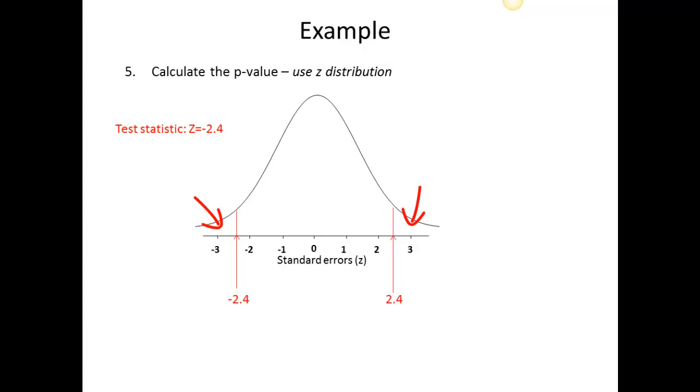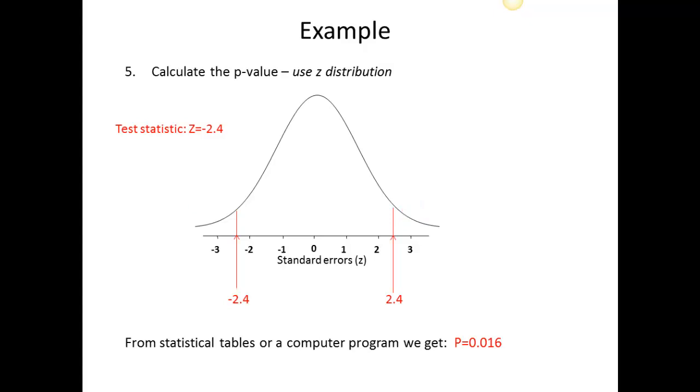So this is a two-sided test. Notice my use of the words observing a difference as extreme, and also the way that the probabilities are summed in each tail of the distribution. From either statistical tables or a computer program, we get a p-value of 0.016.